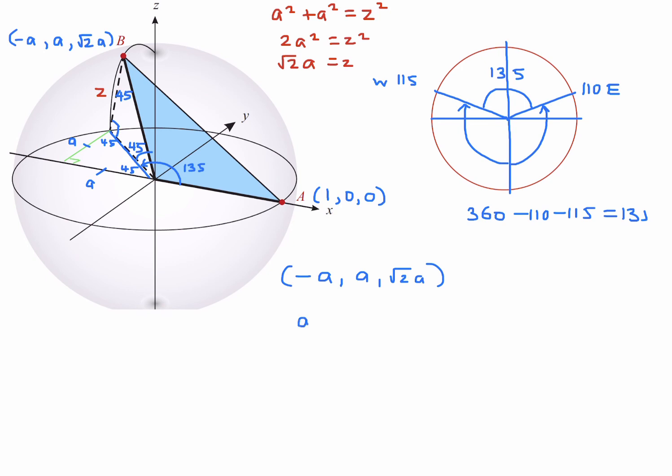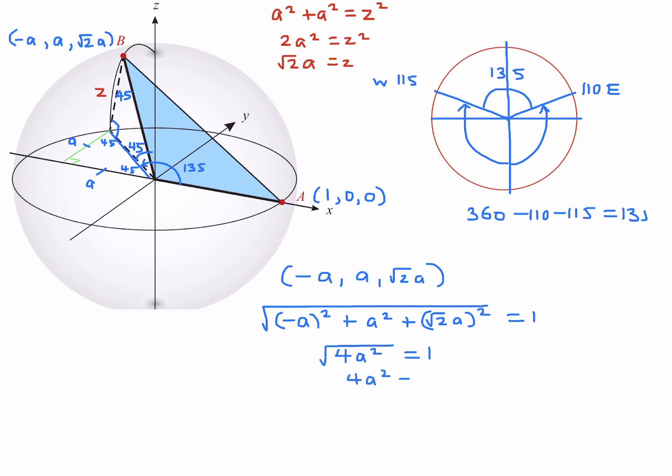So how do you figure out the magnitude? Well, it will be the square root of minus A squared plus A squared plus root 2 A squared, and that is equal to 1. So this is A squared, A squared, 2A squared, so 4A squared, the root is equal to 1, so that means 4A squared is 1. That means A squared is a quarter, A is a half.